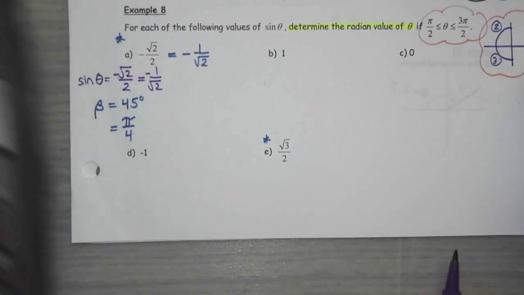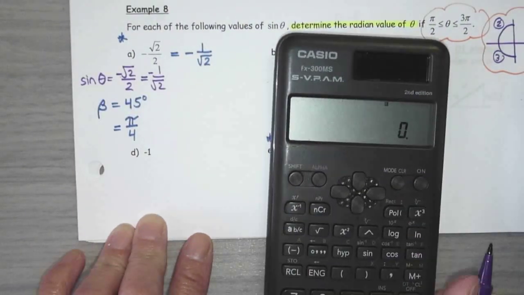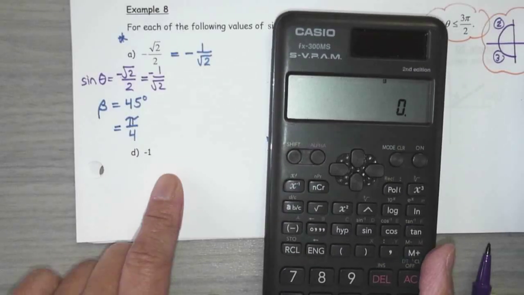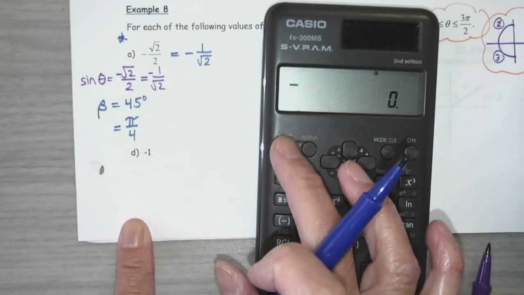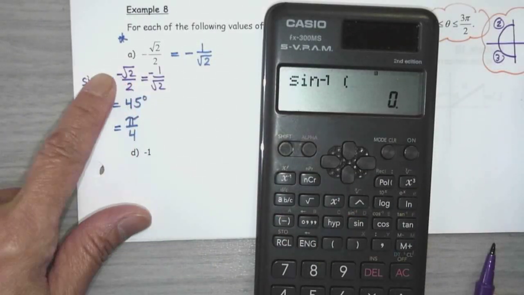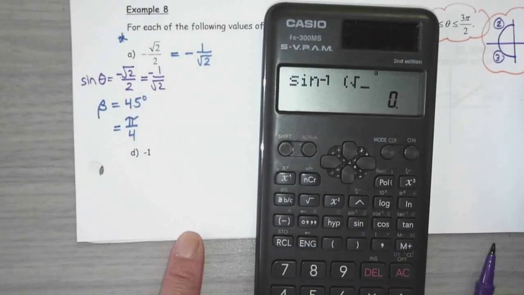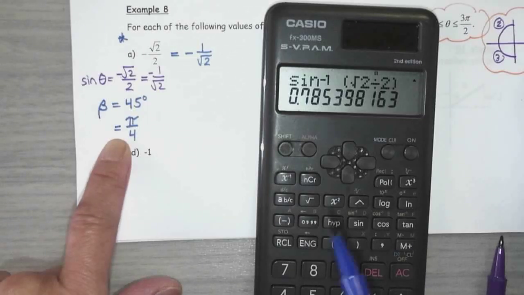Want me to show you a little cheat? Your calculator is not useful in radians to go exact. So watch what happens. If I did the beta, so shift, sine, bracket, and I did without the negative, root 2 divided by 2. Ugh, that's not exact. That's radians. I'm not memorizing that.